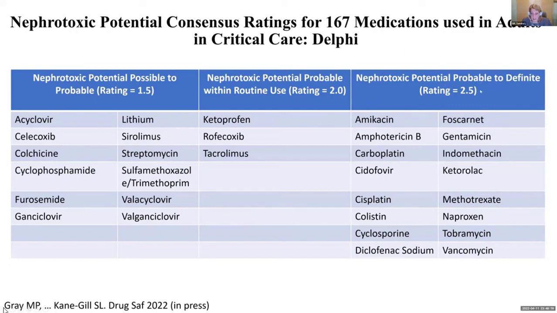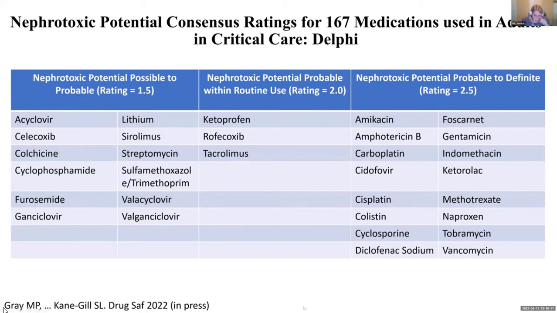So we asked these experts to rank on a scale of 0 to 3 how nephrotoxic they believe the drug to be. And you can see that I've only highlighted here the ones in the higher categories at 1.5, 2, and 2.5. And you can see the drugs listed here with regards to their rankings.